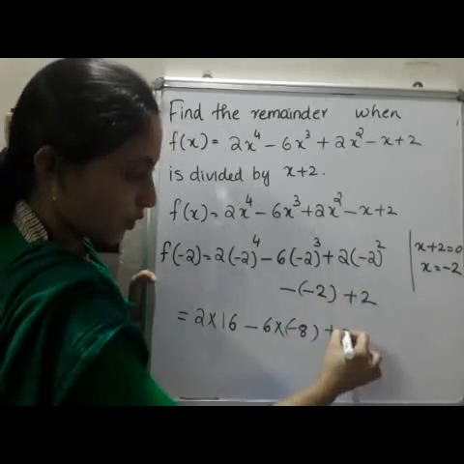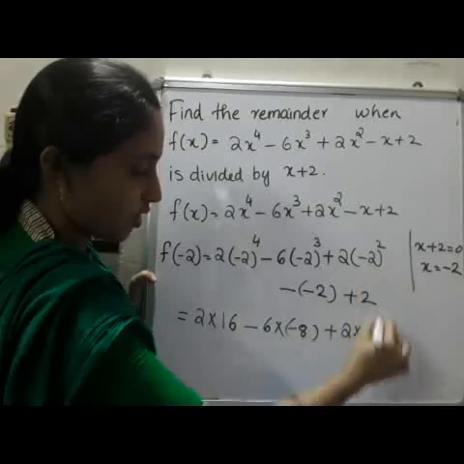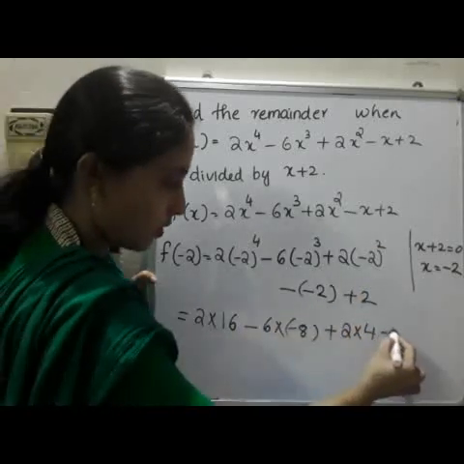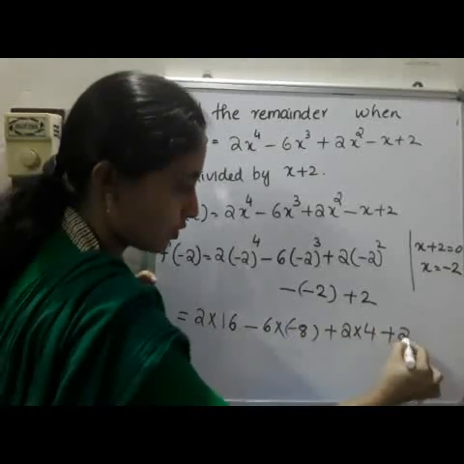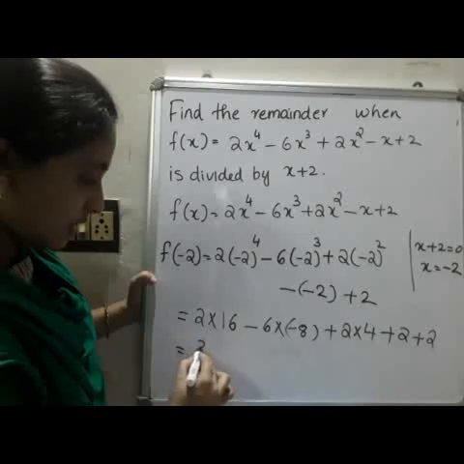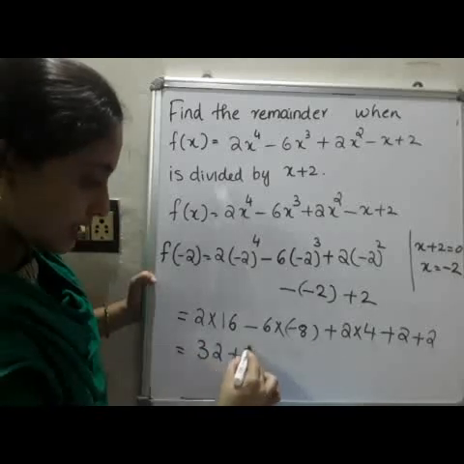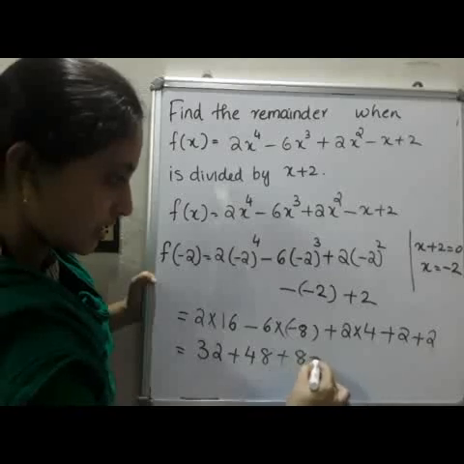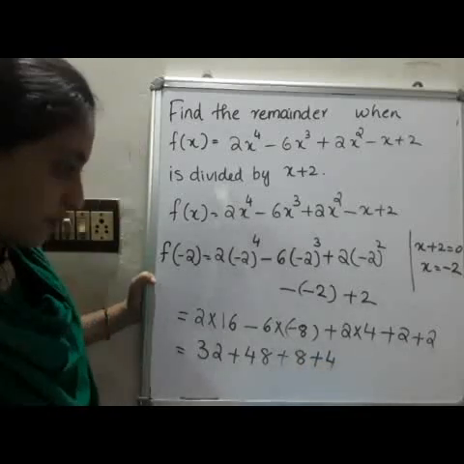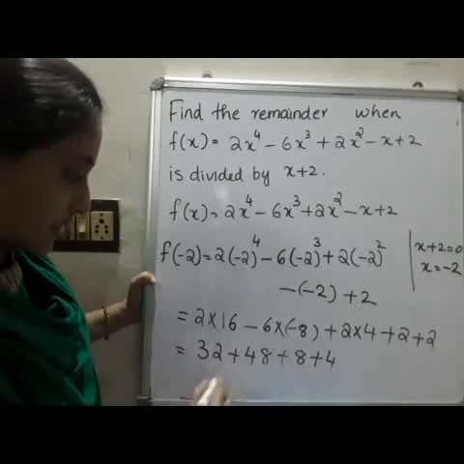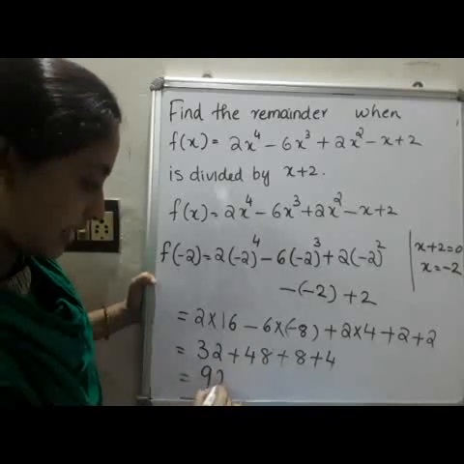Plus 2 into minus 2 the whole square is what? 4. Then this minus and this minus becomes positive. Positive 2 plus 2. Okay. That is equal to 32 plus 48 plus 8 plus 4. Okay, that is 40, 88 plus 4, that is equal to 92.